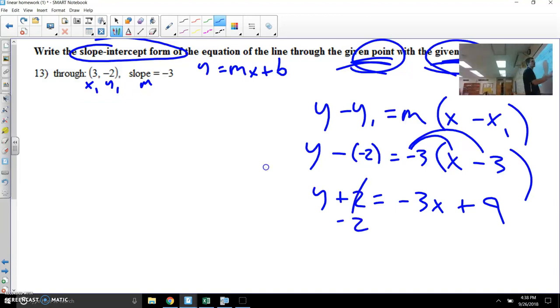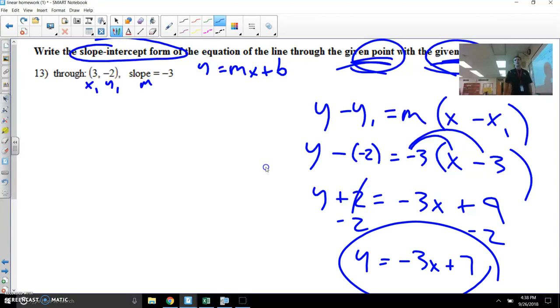Let's subtract 2 to finish that problem out, and you get -3x plus 7. Final answer. So this is a slope of -3, and if you were to plug in 3, -3 times 3 is -9, plus 7, you get -2. So I know that that point lives on that line.